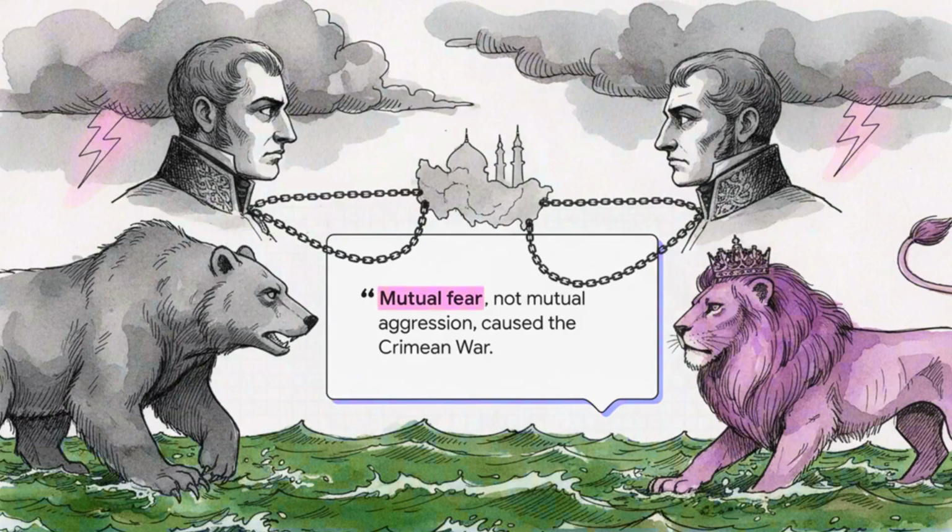Leaders of that era, guys like Tsar Nicholas I and Napoleon III, basically couldn't retreat from a conflict without losing their domestic prestige and completely compromising their national security. Russia felt it needed a subservient Ottoman Empire just to stay secure, while Britain needed an independent Ottoman Empire to lock down the Eastern Mediterranean. So it was mutual fear, not mutual aggression, that served as the true catalyst for that massive conflict.